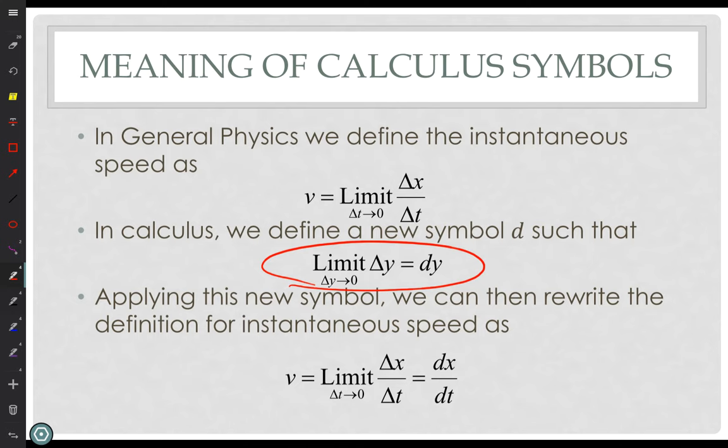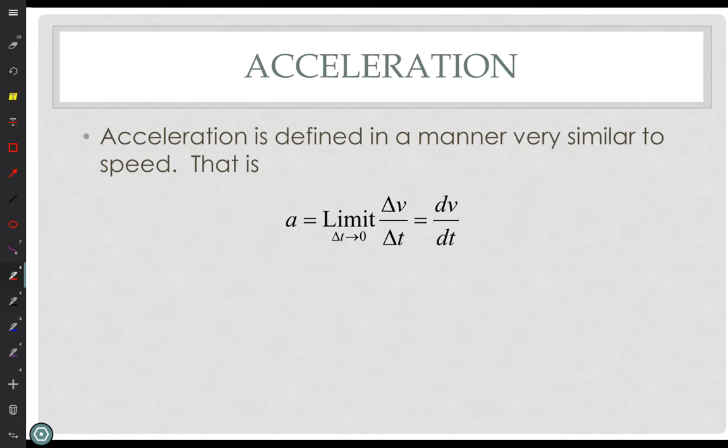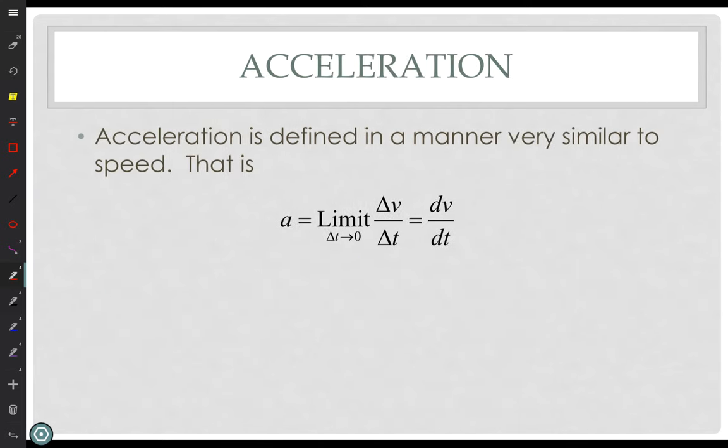So we take that, and our definition for speed becomes just the derivative. And we've seen this before, just reiterating where calculus comes into motion very simply. And so similarly, acceleration, the limit of change in speed over change in time, or if you want to be fully correct, the limit of the change in velocity over the change in time, is just dv dt.